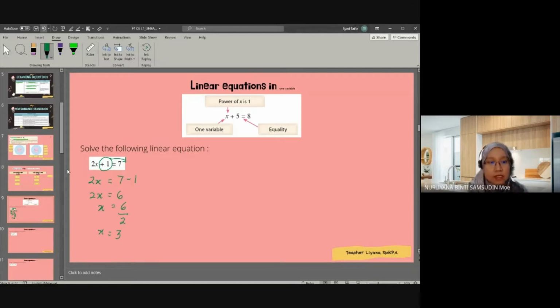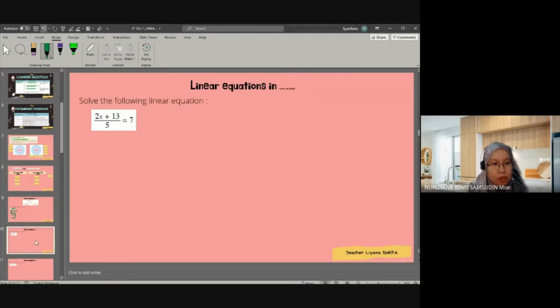Okay, this is easy because this is one variable. Okay, next. Solve the following linear equation. Okay, how? Alright, when you have something like this, don't panic. 2x plus 13 equals 7.